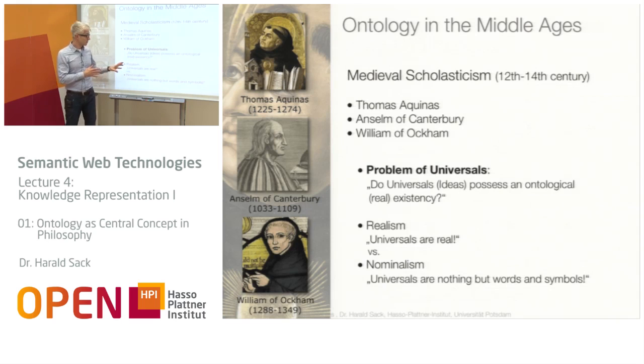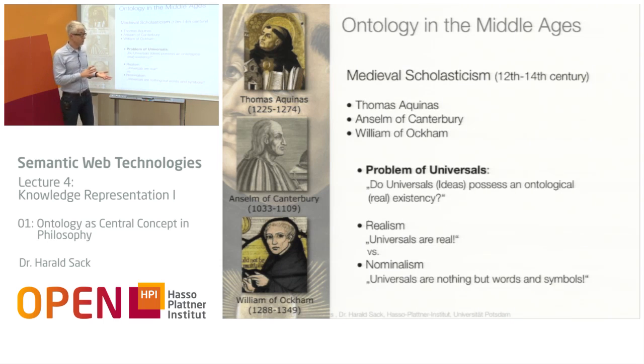But they dealt, of course, with specific ontology problems that were related to Christianity. So one of these problems was the quarrel of the so-called universals. The question there was, do universals, which means universal ideas, possess an ontological existence?